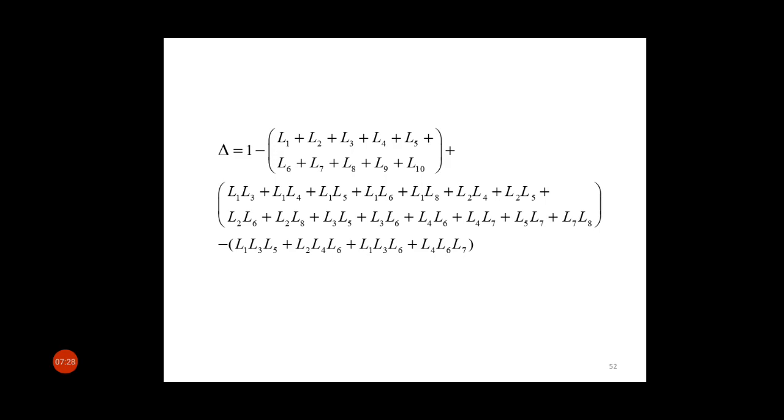Next, plus the sum of the gain products of all possible combinations of two non-touching loops. We have seen there are 15 such combinations. Then minus the sum of the gain products of all possible combinations of three non-touching loops. We have seen there are 4 such combinations.